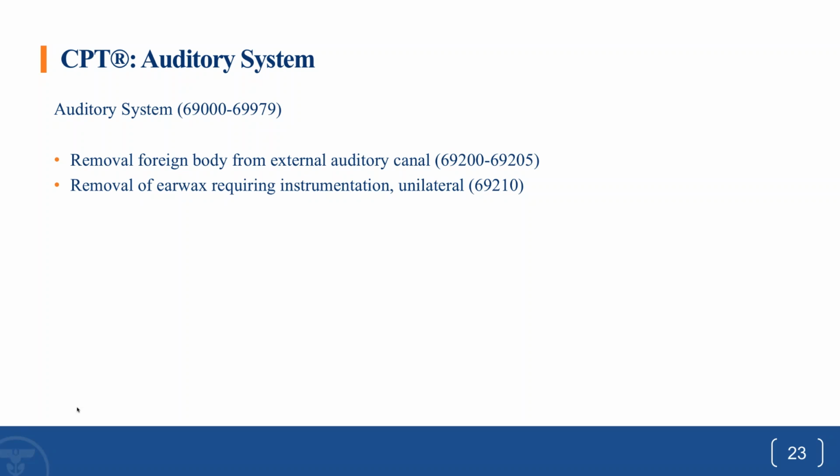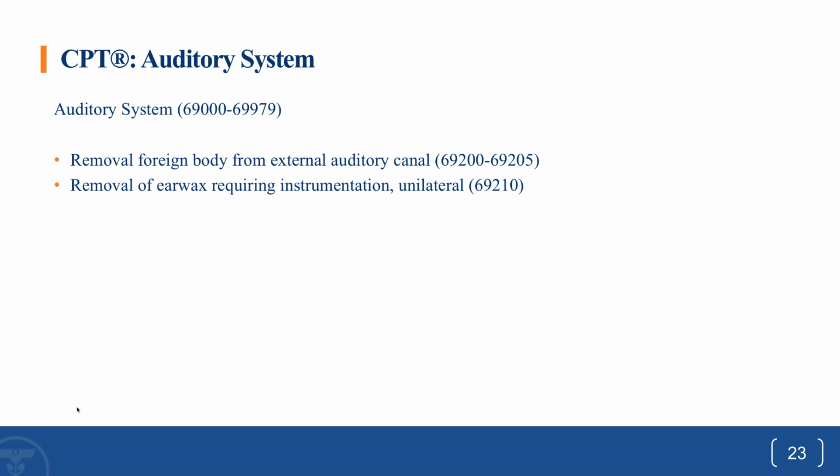Okay, and on page 422, again, it talks about the operating microscope, which you see has a plus sign, right? So that means it can't be used alone. It goes along with other procedures. And right above it in the green text, it tells you, can you use modifier 51? No, because it's an add-on code, so you wouldn't use modifier 51 anyway.